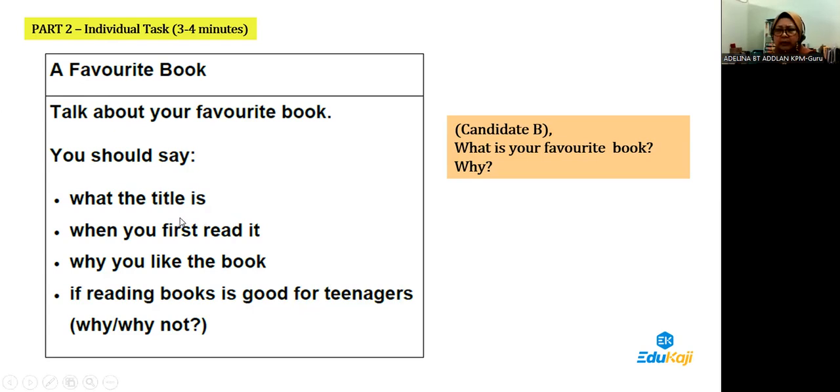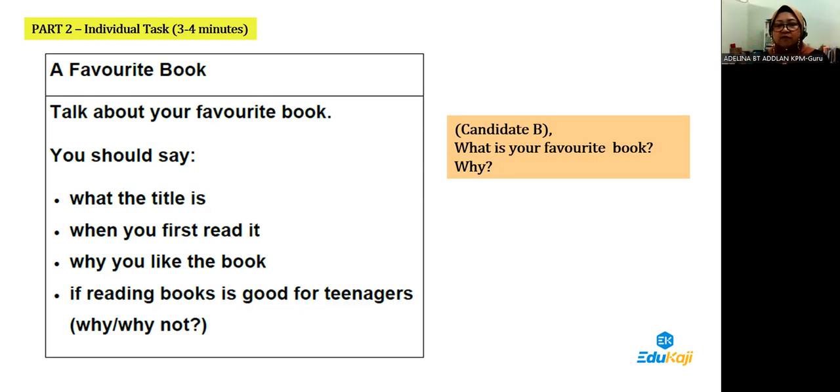If you are an ardent fan of Harry Potter, then you say the title of the book is Harry Potter and what. Or if you like to read historical novels, then you give the title of that particular book. If you are not a novel reader, then it could be a comic. We can still accept that, as long as it's in the genre of books.